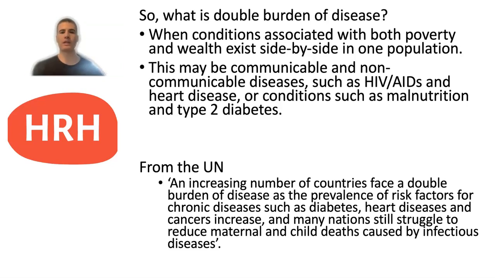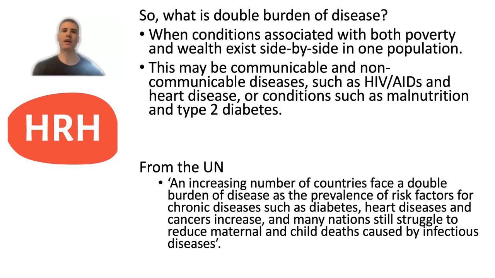Or they might experience conditions such as malnutrition, which is often associated with poverty, but also perhaps type 2 diabetes, which is often associated with more wealth or a lifestyle disease. So that's what double burden of disease is focusing on, that combination of both conditions associated with wealth, but also associated with poverty at the same time.